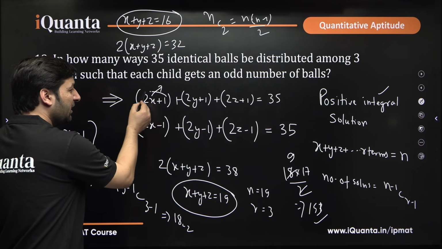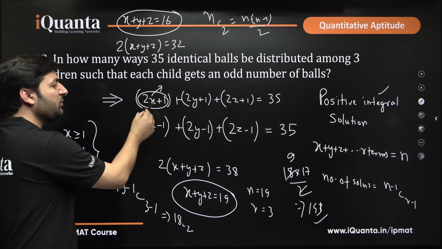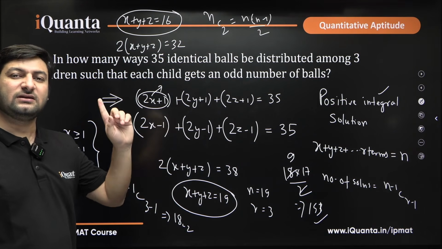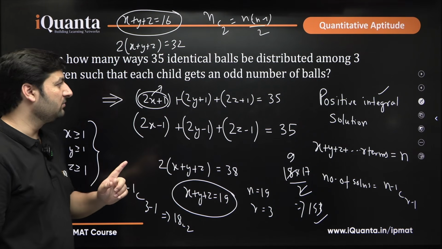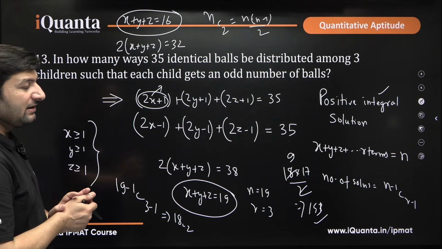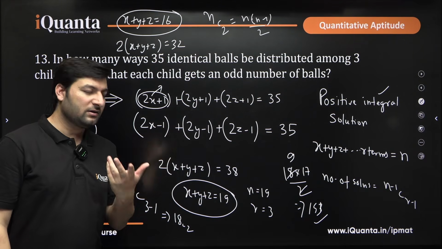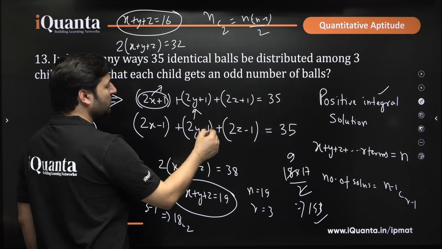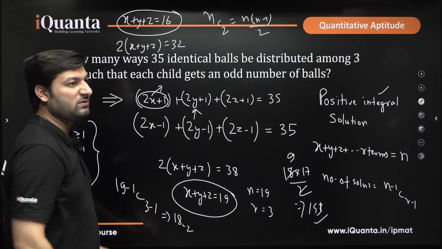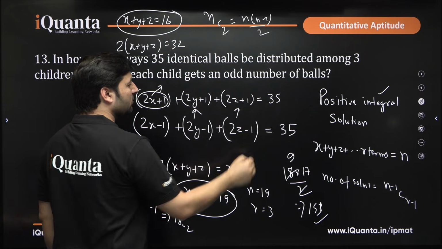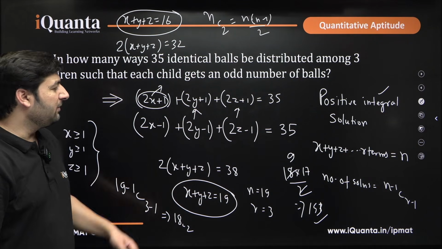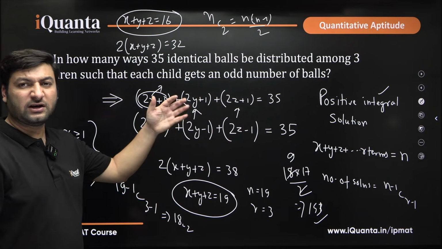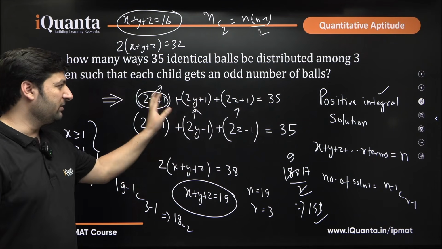Yes, because if you put x equal to 0, this number becomes 2 into 0 plus 1, that is 1. Yes, the child can get 1 ball, and 1 is an odd number of balls, correct? Can you give y equal to 0? Yes, because 2 into 0 plus 1 will become 1. But you cannot give negative values to x.